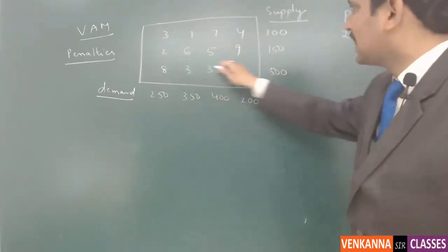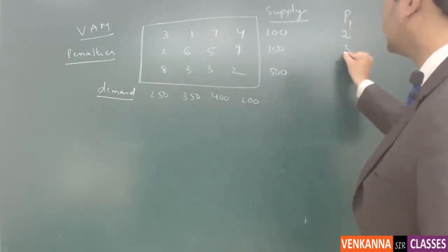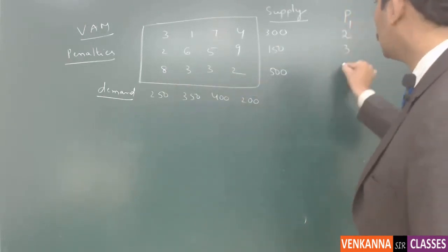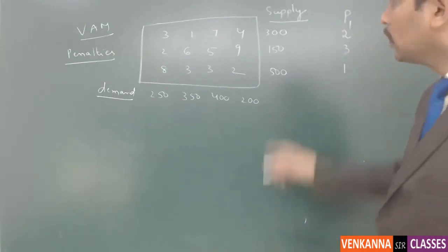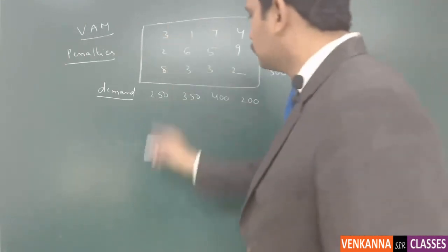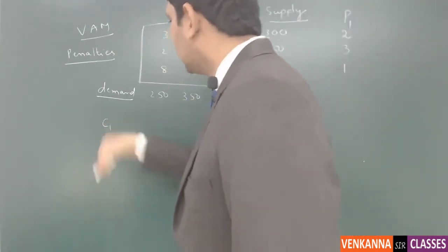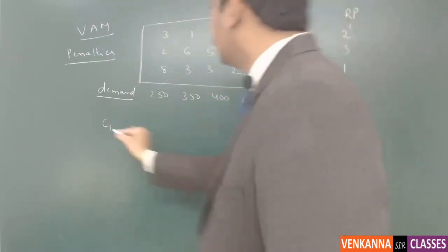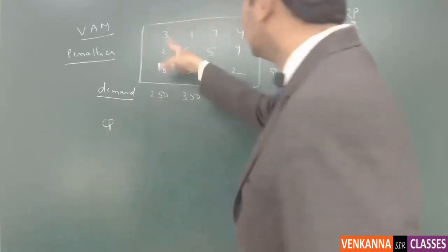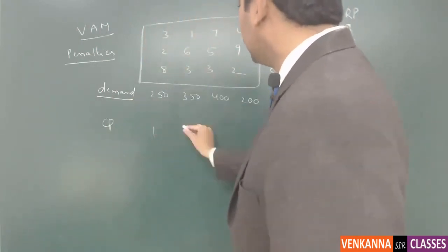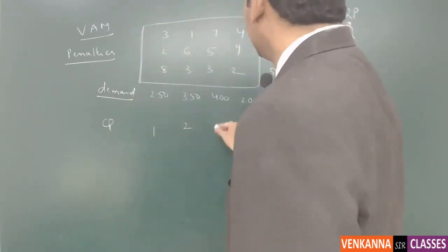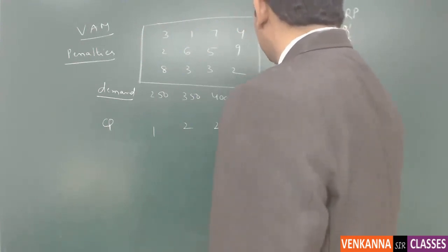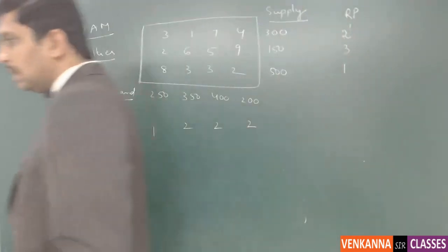If you go with the second row, the penalty is 3. If you go with the third row, the penalty is 1. We do the same thing for the columns. If we calculate the column penalties, the values are 1, 2, 2, 2.